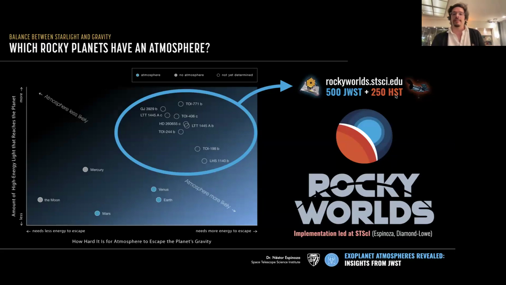And the reasoning for that is that what we're doing right now is that James Webb is really looking at the planets' atmospheres, trying to figure out if they have atmospheres or not. But the Hubble Space Telescope is looking at the stars. It's trying to figure out what kind of UV radiation the star is emitting, because that is key to understanding why they might or might not have atmospheres.